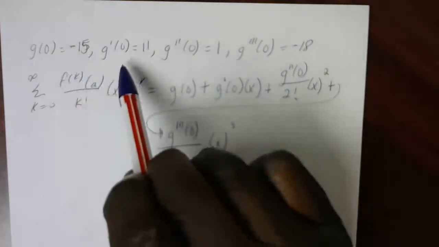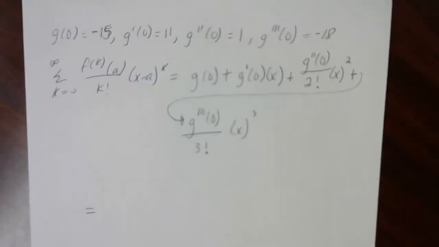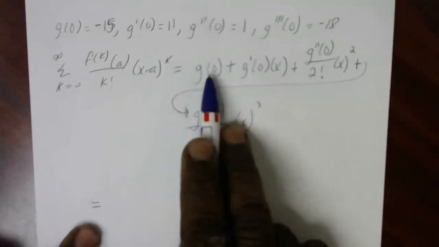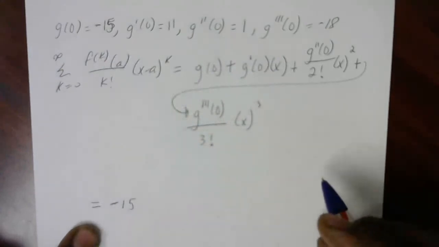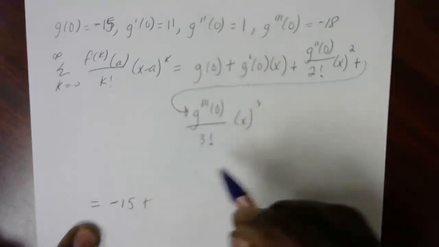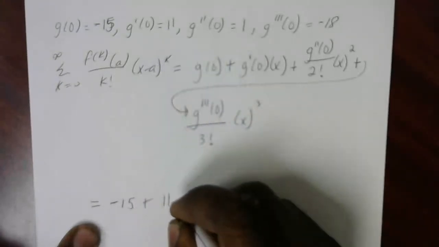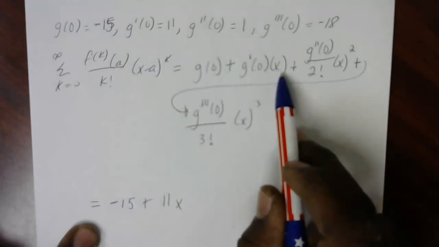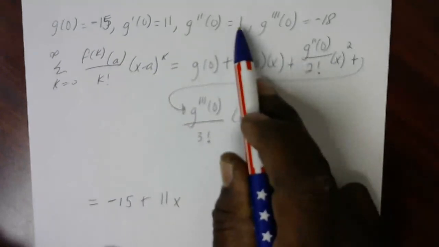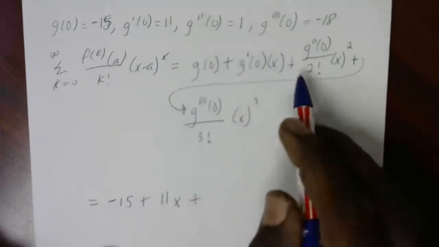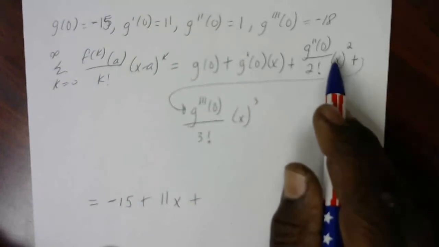Now we're going to substitute in these values. We know the value for g of 0 is negative 15, plus g prime of 0, which is 11, x, plus g double prime of 0, which is 1, divided by 2 factorial, which is 2, times x squared.